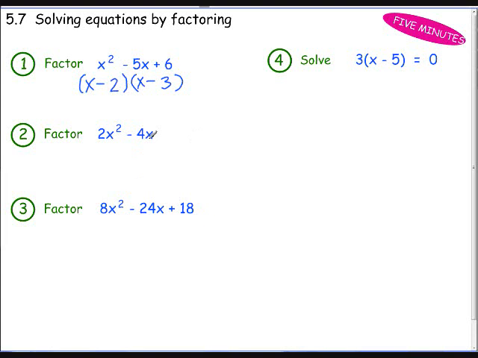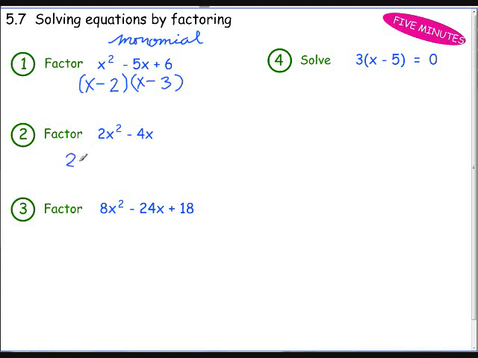How about this one? Up here we didn't have to worry about a monomial, although if I'd been wise, I would have mentioned it, because that would be one of the first things we always should think about. This one actually does have a monomial we can pull out.